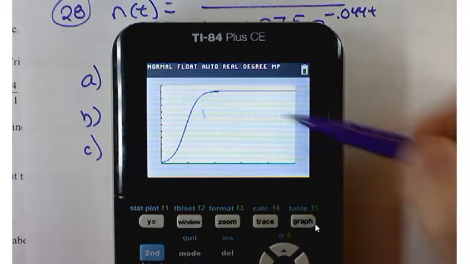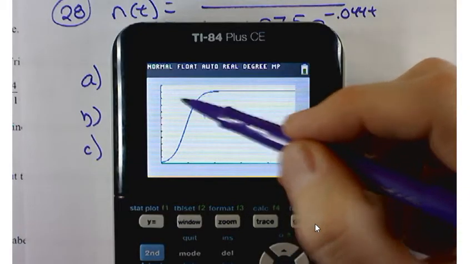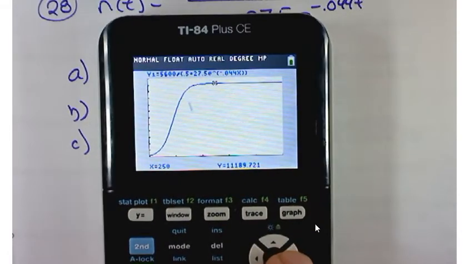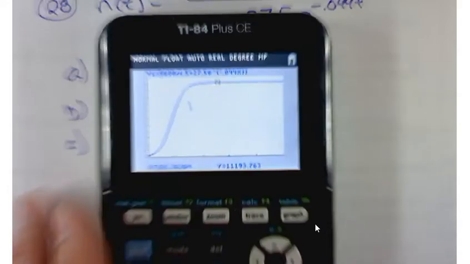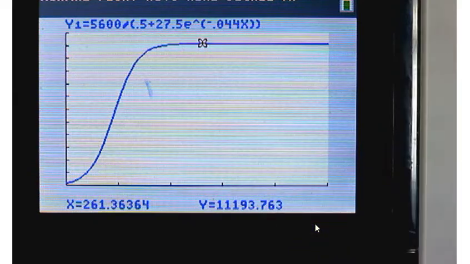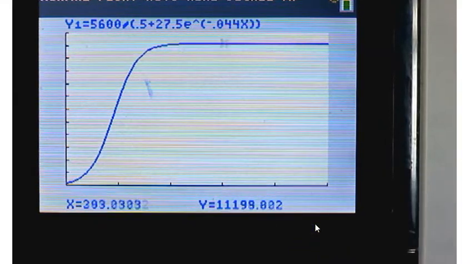Well, you can kind of estimate roughly where it is, but we don't necessarily have to estimate roughly where it is. Hit the trace key. It puts a cursor on your graph. And then use the arrow key and move to the right. And take a look at the y coordinates. So you see the y-coordinate down here. What's that y-coordinate getting close to if you rounded it off?